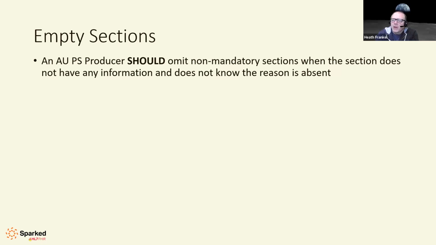So I guess it's a recommendation, right? We would like you to omit, because the problem with this is if you start to include things like emptiness in every section for a producer, then every consumer has to handle emptiness for every section, including those that they don't know might come along.